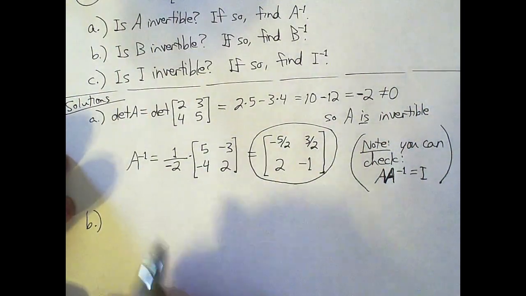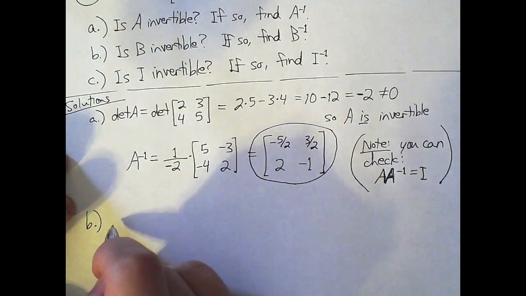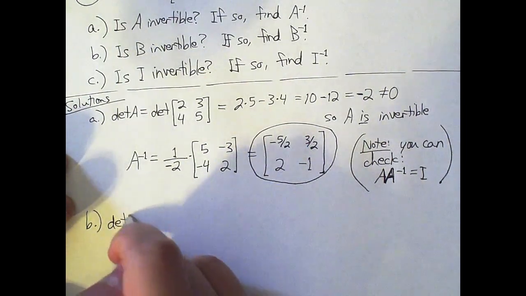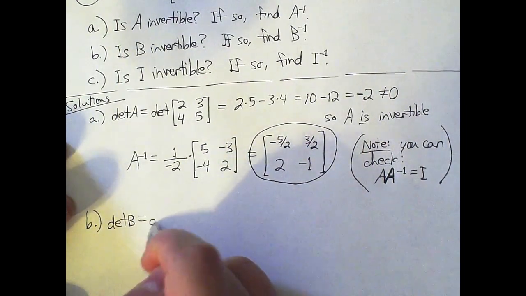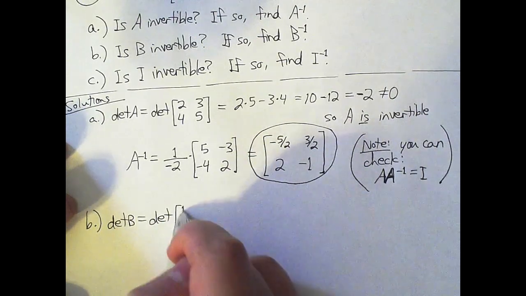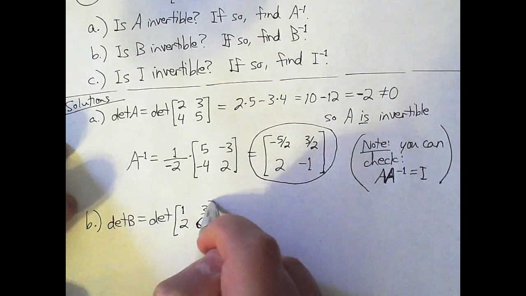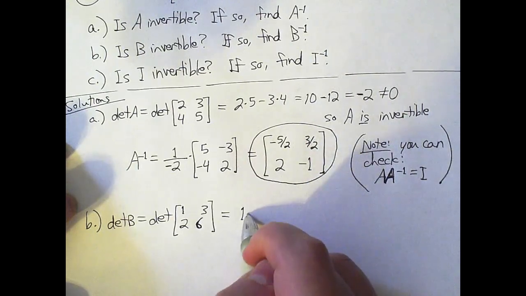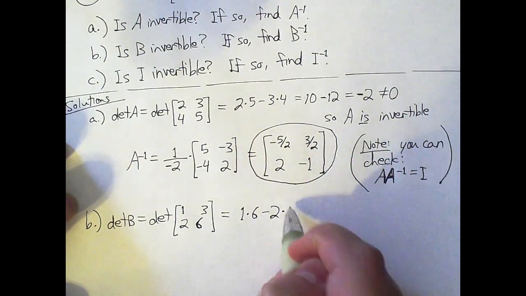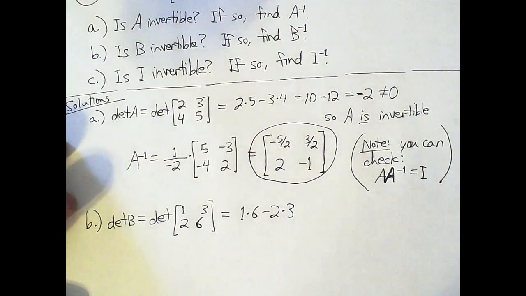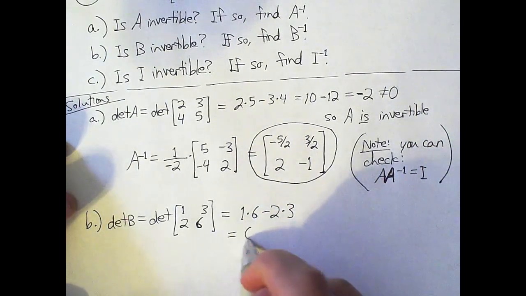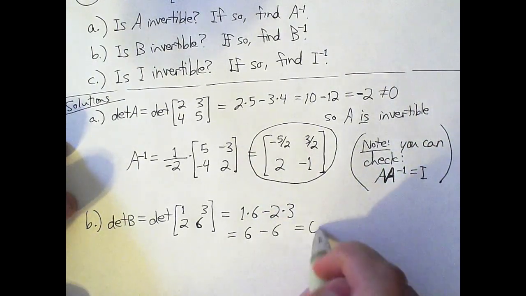Okay, part B: is the matrix B invertible? So let's look at the determinant of B. This is going to be the determinant of 1, 3, 2, 6. So I'm thinking of 1 times 6 minus 2 times 3. All right, so look at this. We got 6 minus 6, didn't we? So this is 0.